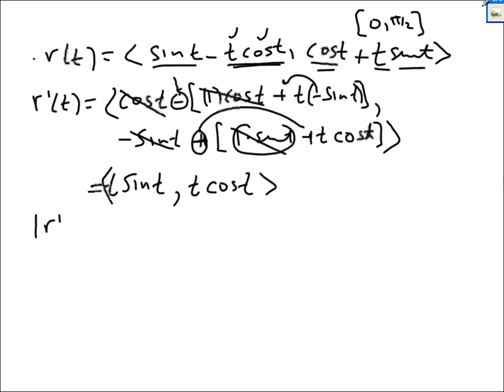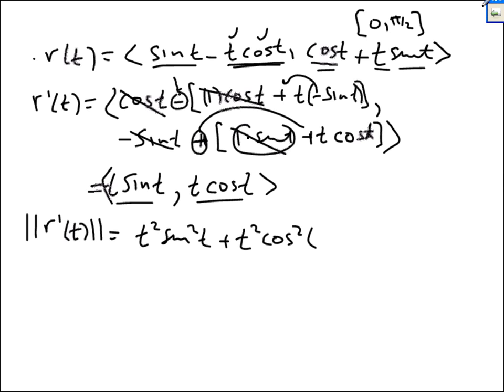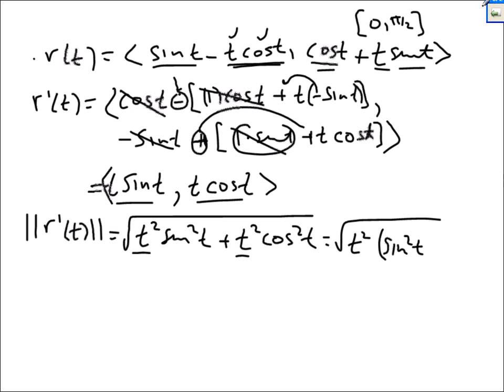So we can now find the length of r prime of t. You square this plus you square this. Take the square root of that. You can factor out a t squared from those two terms, and what's left over is sine squared t plus cosine squared t.